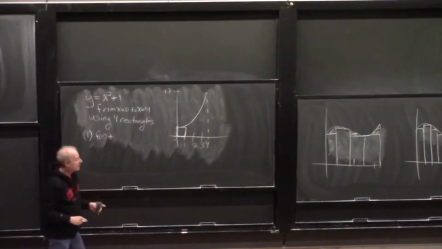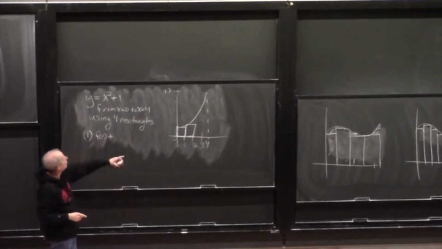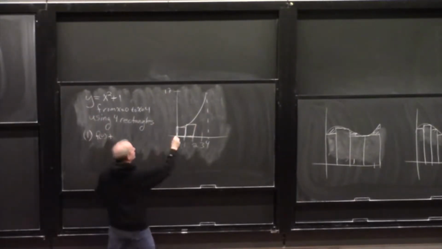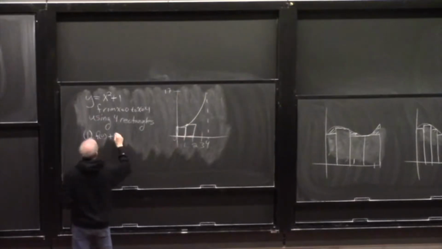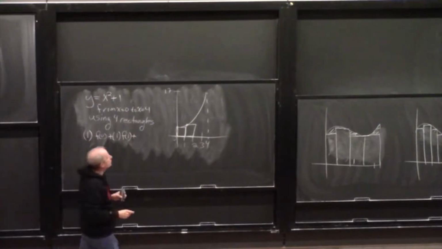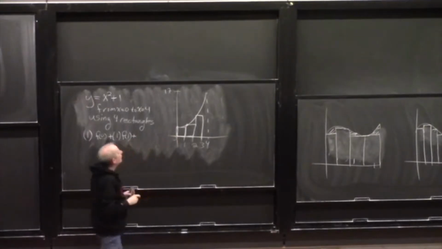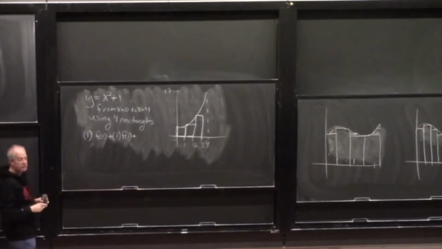Then the next rectangle, the width again is 1, going from 1 to 2. And now to get the height, I plug 1 into the equation, because I'm going up to the curve. So that's going to be f at 1. And then the next one, I go to 2 and go up to the curve. You'll see what I mean by going up to the curve.